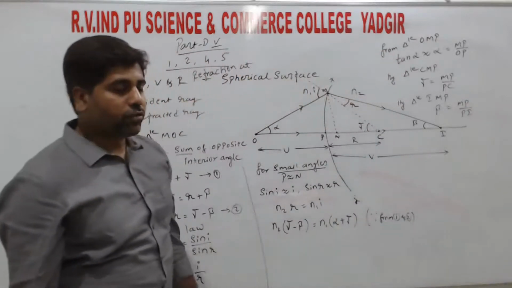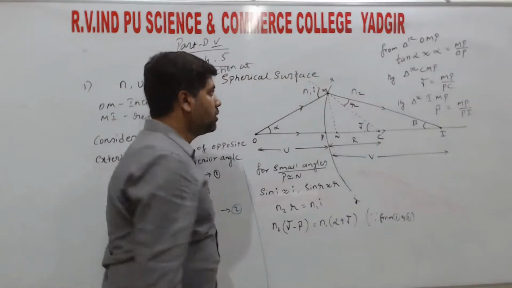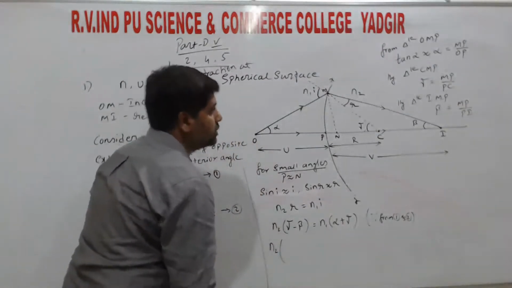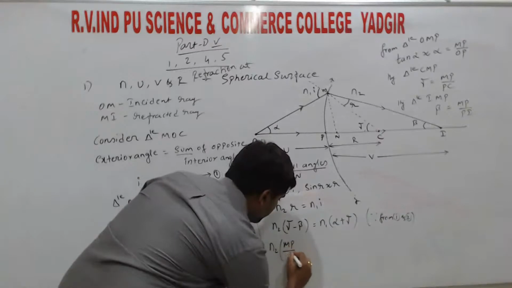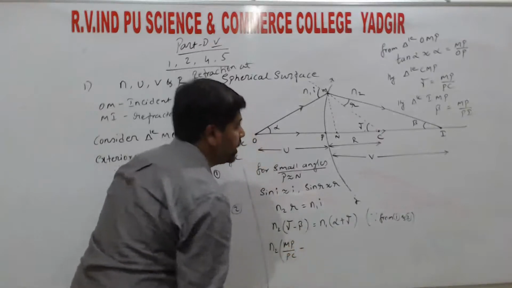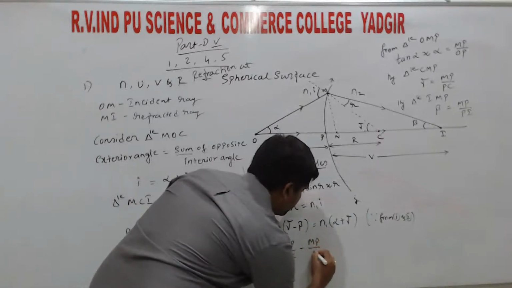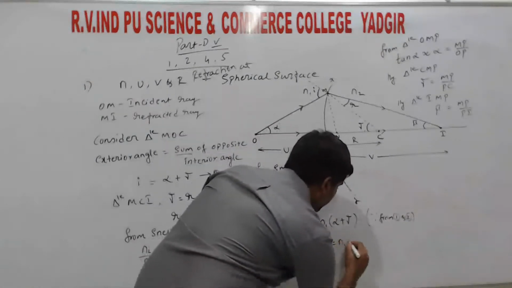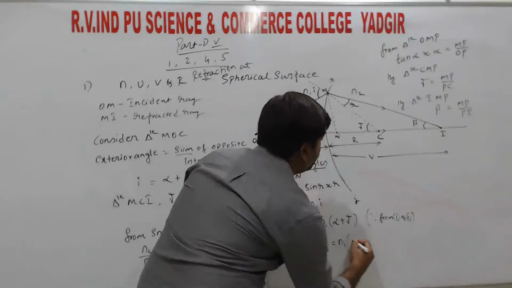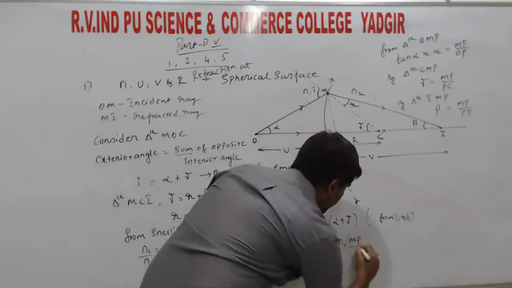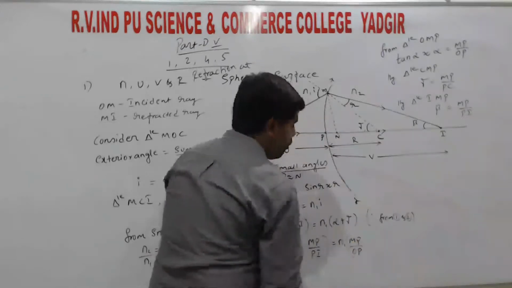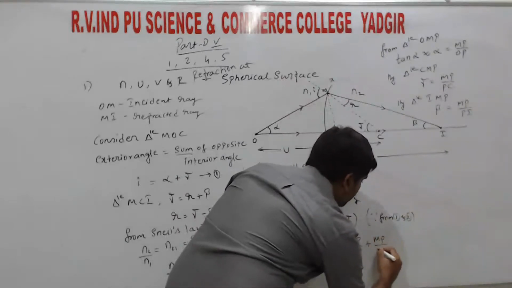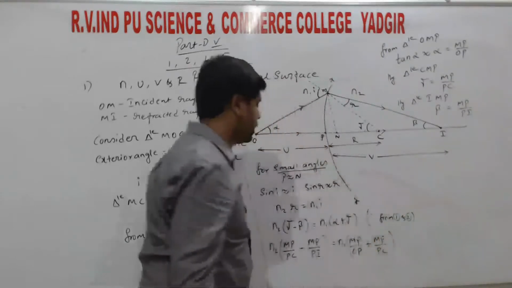Now substituting the values of alpha, beta and gamma: n2 into gamma value MP by PC, minus beta value MP by PI, equals n1 into alpha value MP by OP, plus gamma value MP by PC, right?